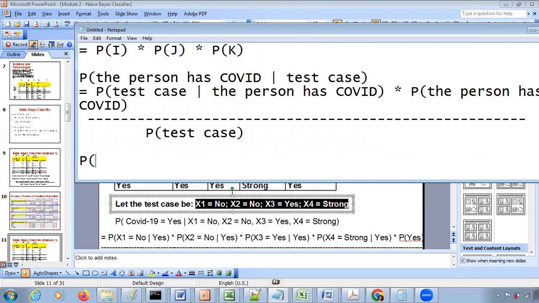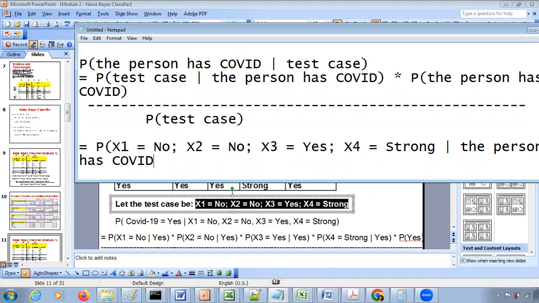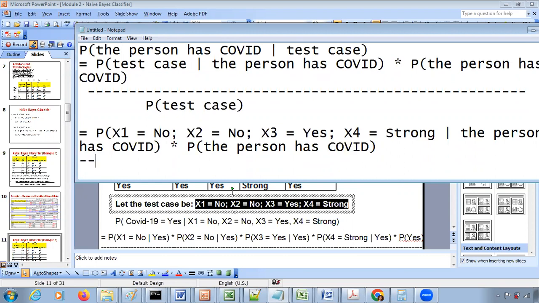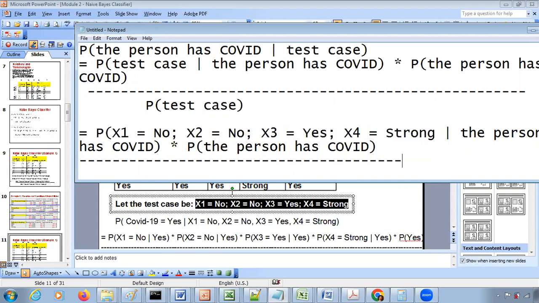So that's equal to the probability of x1 equals no, x2 equals no, x3 equals yes, and x4 equals strong, given that the person has COVID, times the probability the person has COVID, divided by, again, the probability of these 4 feature values to be observed without any condition whether the person has COVID or not.